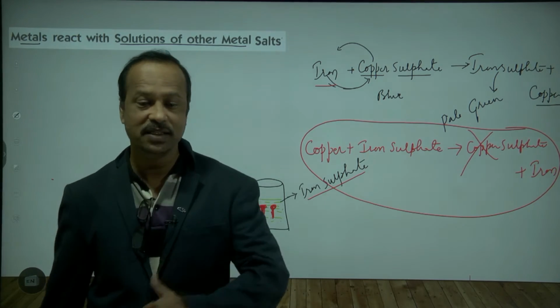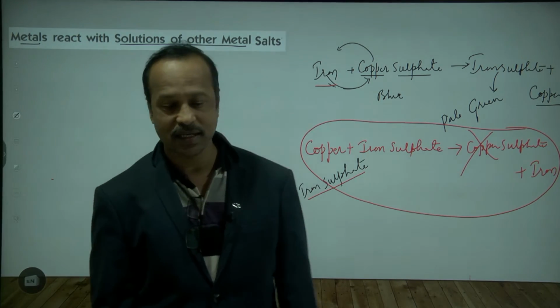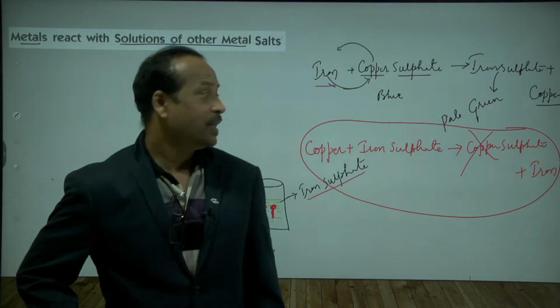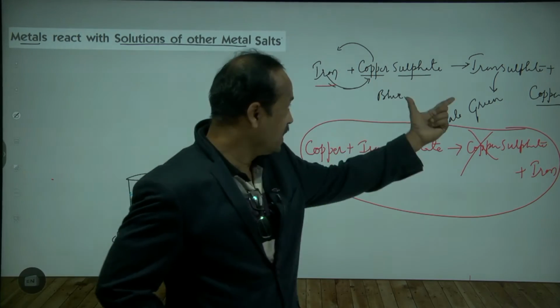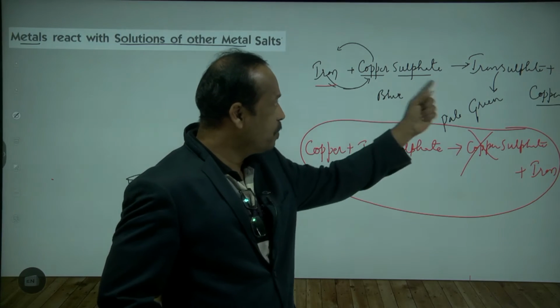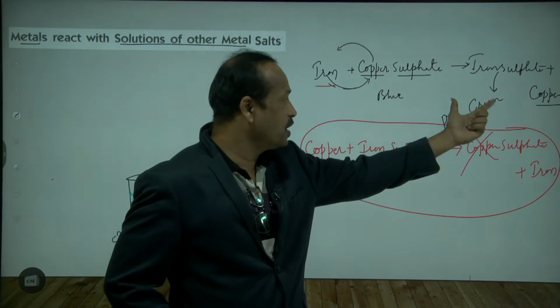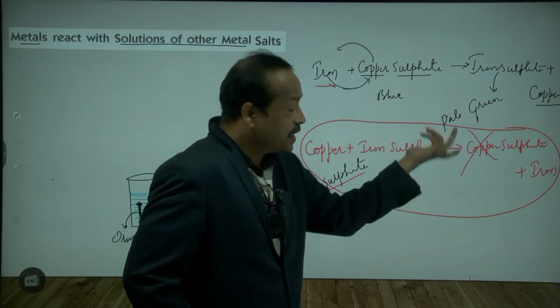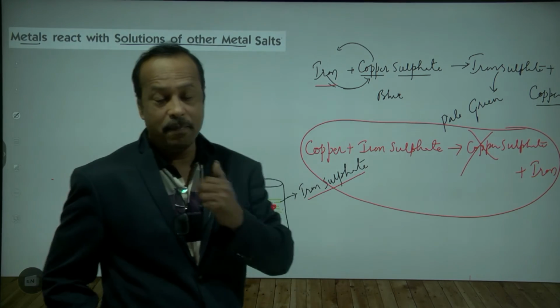Now the question arises, why? Now you think and say why the reaction will not take place here. When I put the iron in copper sulfate, iron displaces the copper and we get iron sulfate and copper. But when you place the copper in iron sulfate, the reaction does not take place. Why?